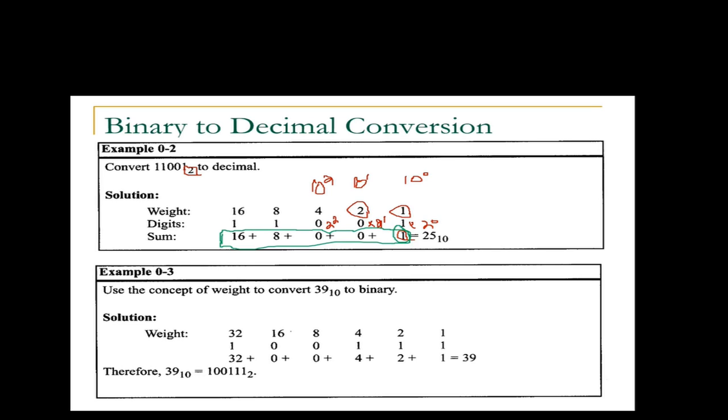So we proved that when we convert decimal into binary, we divide it by 2 and write all the remainders from the most significant bit to the least significant bit side.